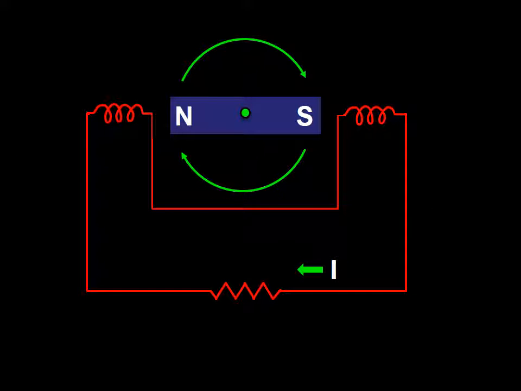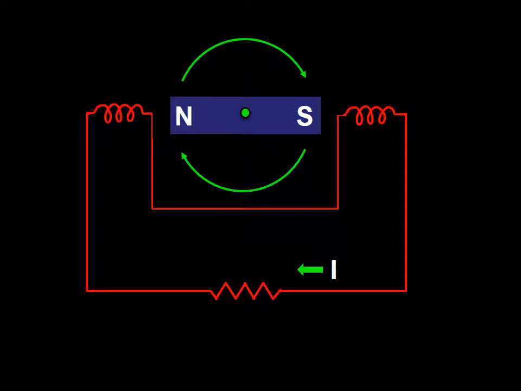In this new frame, I have introduced a totally different method of generating alternating current. That is to rotate the magnet while maintaining the wires at a fixed position. The result is the same, the generation of alternating current.